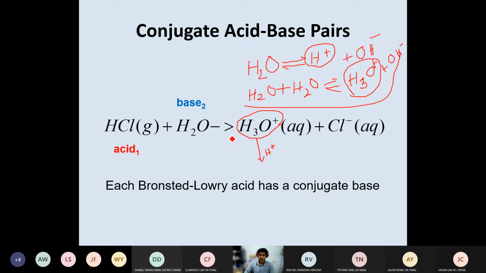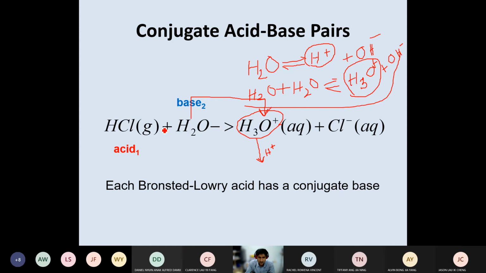So whichever species donates a hydrogen ion is an acid. From base water, it becomes an acid now, isn't it? We can say in this way that water was a base and it took up the hydrogen and now it converted to an acid.